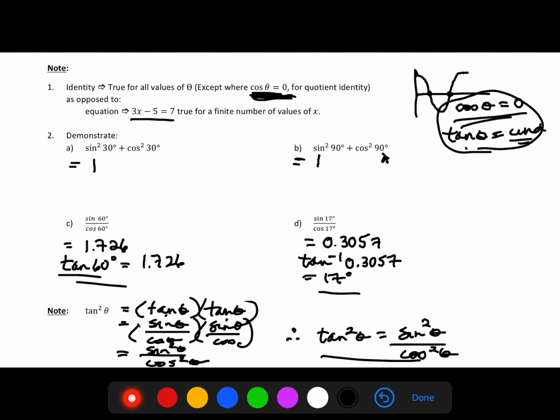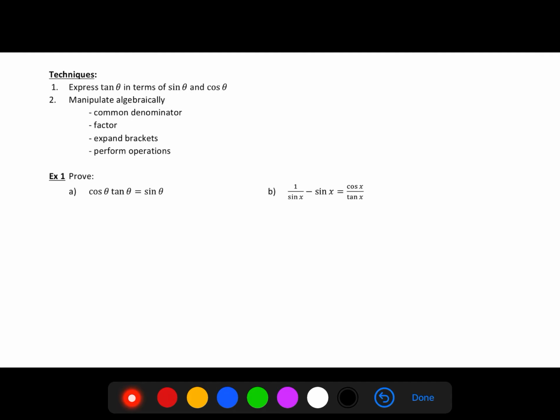So we also know that tan squared theta is equal to sine squared theta over cos squared theta. So we can also use those interchangeable values.